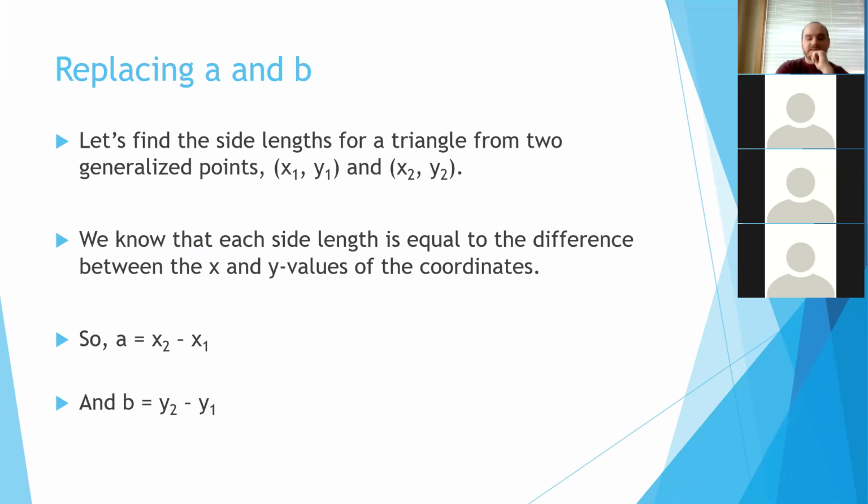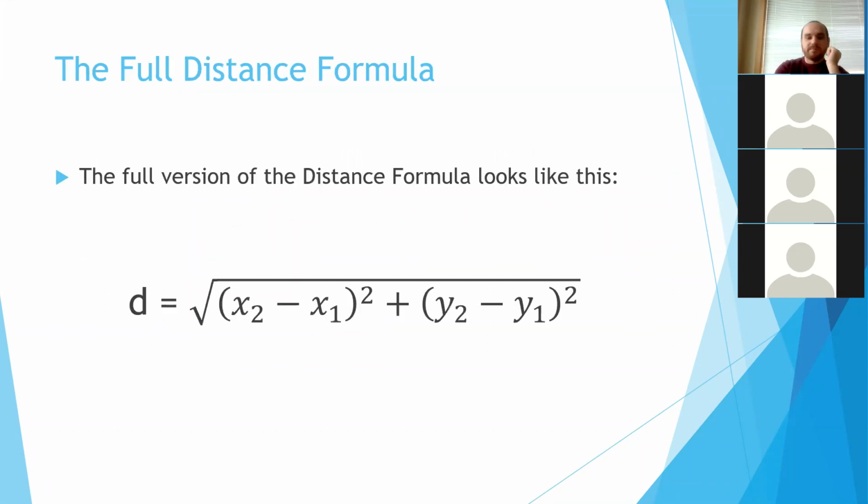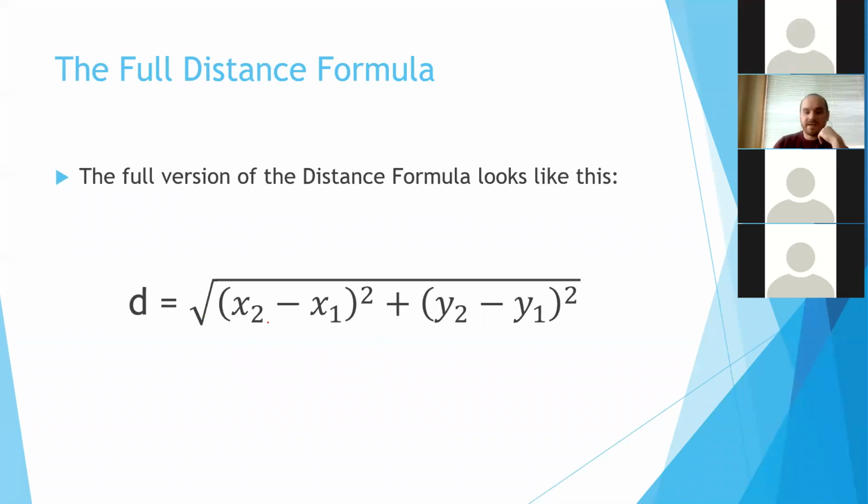A equals x2 minus x1, b equals y2 minus y1. So this is the actual distance formula. Now we replaced c with d, and that's just because it's the distance between 2 points, so we wanted to use a d instead of just c. It doesn't really make that much of a difference. If you put c here, I wouldn't really care. But the distance between 2 points is equal to the square root of x2 minus x1 squared plus y2 minus y1 squared. Todd, do you have a question?